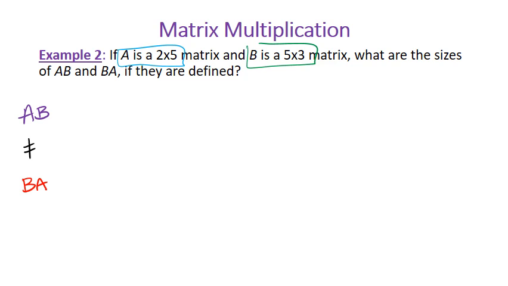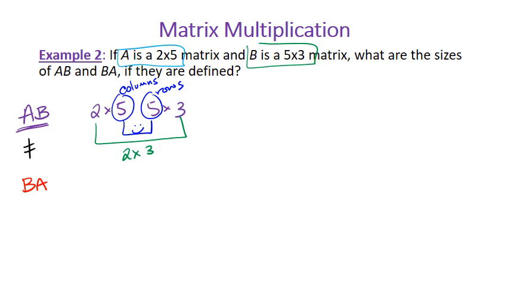So if I'm looking at this first example, matrix AB, matrix A has the dimensions 2 by 5, and matrix B has the dimensions 5 by 3. Because these are equal, we are happy because the number of columns here is equal to the number of rows here. If that is the case, then we can multiply, and our resulting matrix is a 2 by 3 matrix.